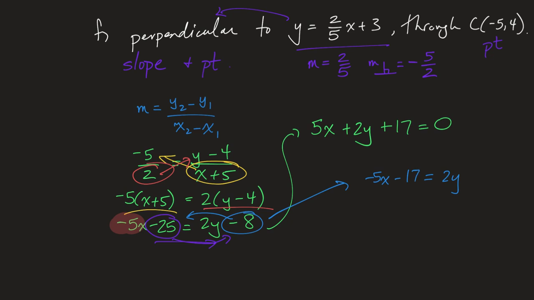Now, I have to get rid of my times by 2, and so I'm going to divide everything by 2. I get a little confirmation that yes, my slope is negative 5/2, and now there's my y-intercept. So on a test situation, I would not care whether you gave me the green final answer, what I just highlighted in purple, or the blue final answer, what I just highlighted in purple.